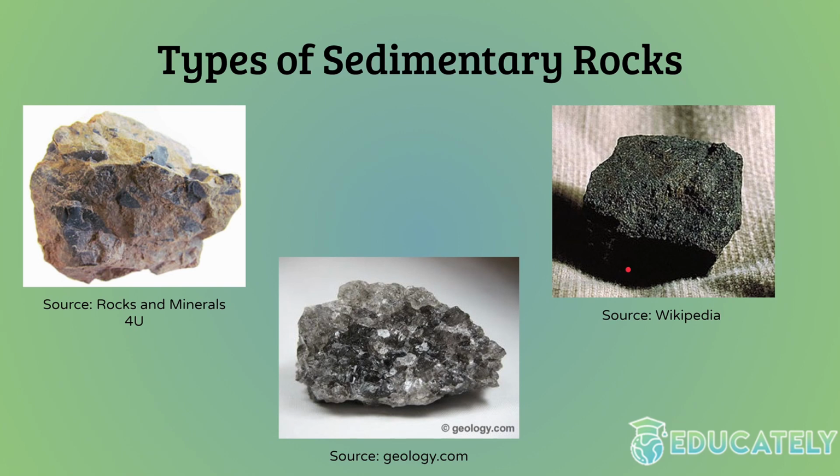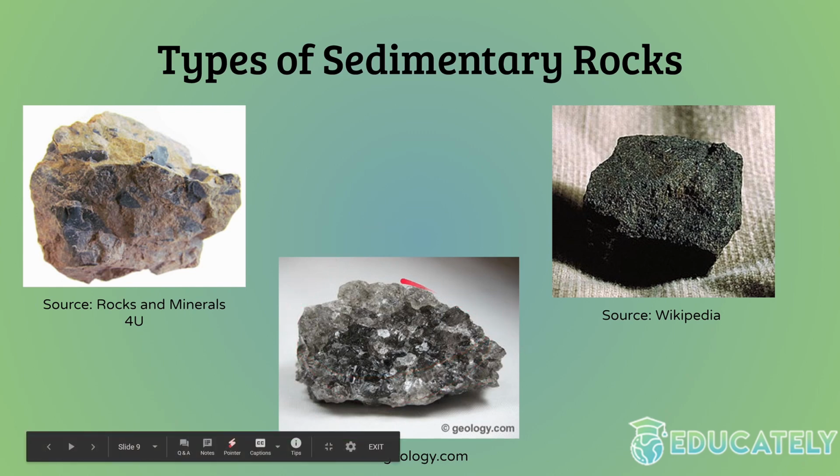So types of sedimentary rocks, these are the three main types we just talked about. This one right here is a clastic sedimentary rock. You can see the little bits of pebbles and sand that have been mushed together. Right here we have a chemical sedimentary rock.